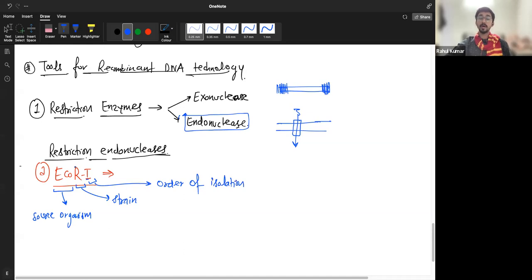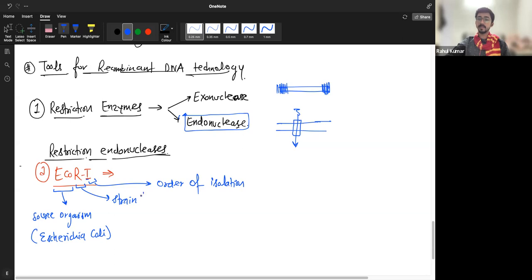So if it is EcoRI, it means that this restriction endonuclease is taken out from Escherichia coli. That's why the word Eco, E. coli.